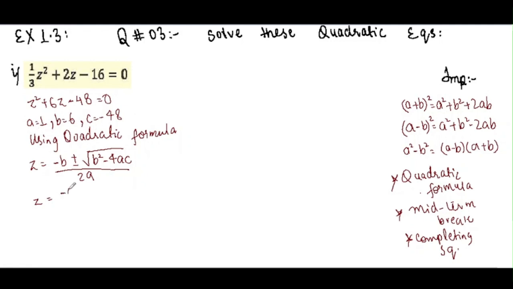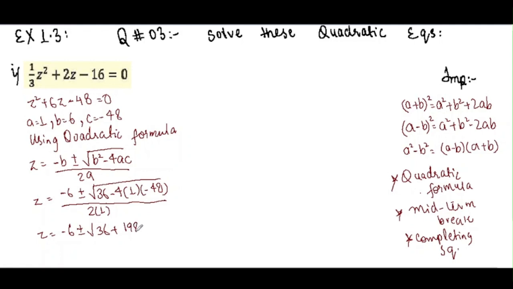So z equals minus 6 plus minus square root of 6 square is 36 minus 4 into 1 into minus 48, whole divided by 2 into a, which is 1. z equals minus 6 plus minus square root of 36 plus 48 into 4 is 192, sorry, square root whole divided by 2.